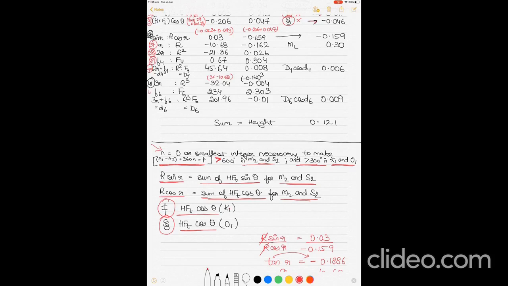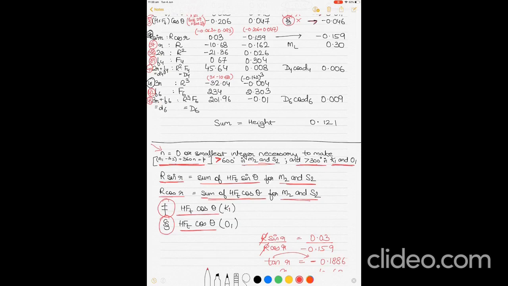Then line number 42 is f6 and capital F6. Again, you get the values from above, from where you got f4 and capital F4 values. And then line number 43 is 3r plus f6, so minus 32.04 plus 234, and r cube plus F6, which is minus 0.004 plus 2.303.